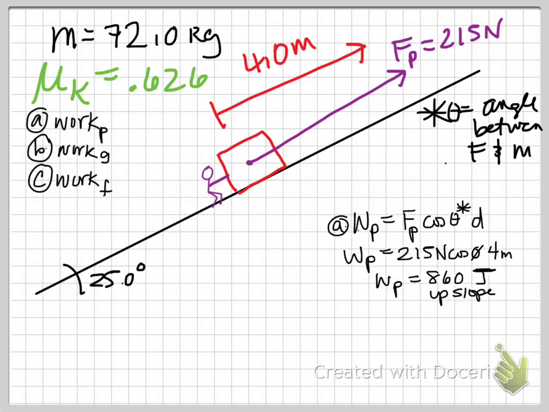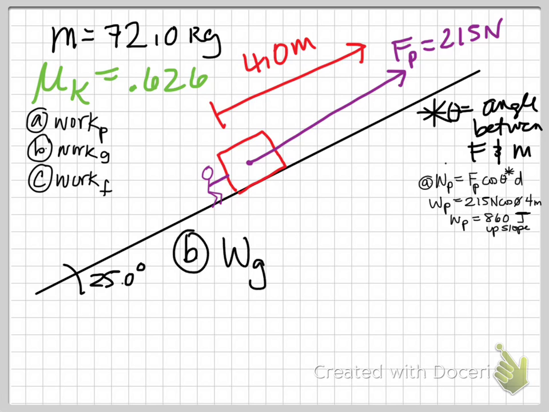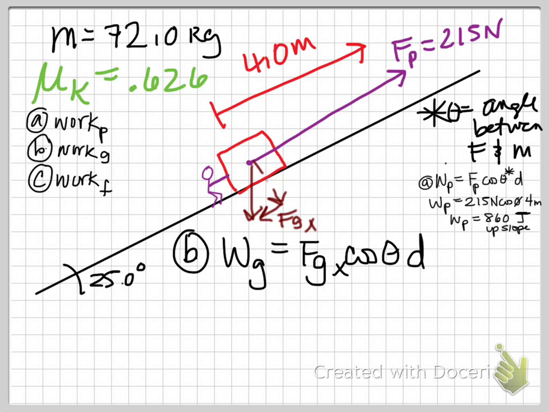Now let's figure out that work done by gravity, and I'll set that aside. Okay, part B. Work done by gravity equals force of gravity on what axis? On the x. These are not to scale. F_gx. So force of gravity on the x times cosine theta, again, where theta is the angle between the force and the movement, times the distance the object moves.